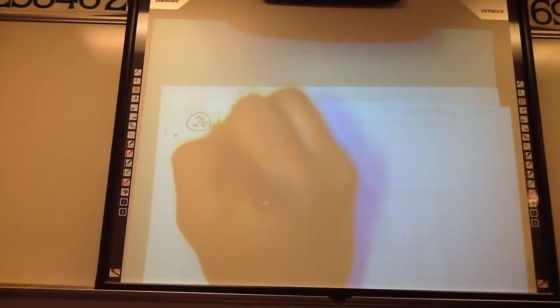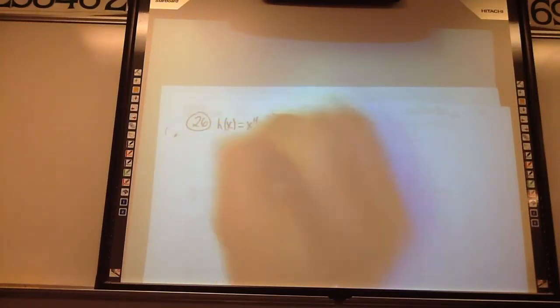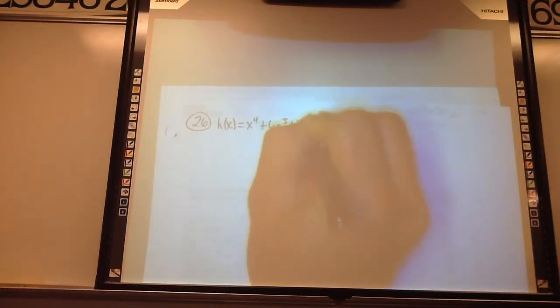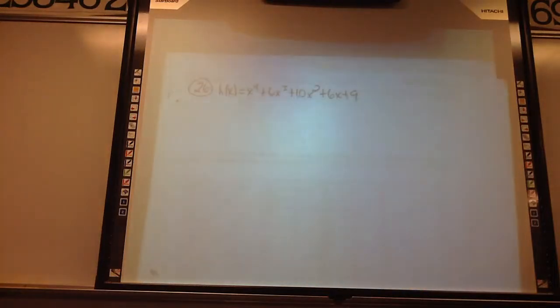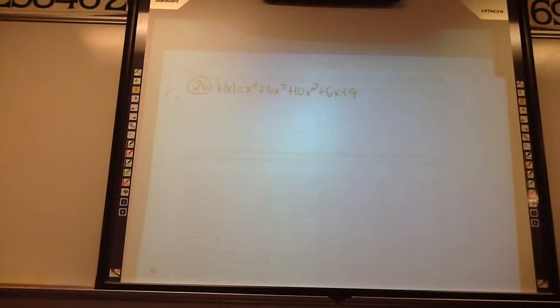It says h of x equals x to the fourth plus 6x to the third plus 10x squared plus 6x plus 9. What they want you to do in this section is do the factors of that divided by the factors of that, and then sit there and guess and check and do synthetic division 60,000 times.